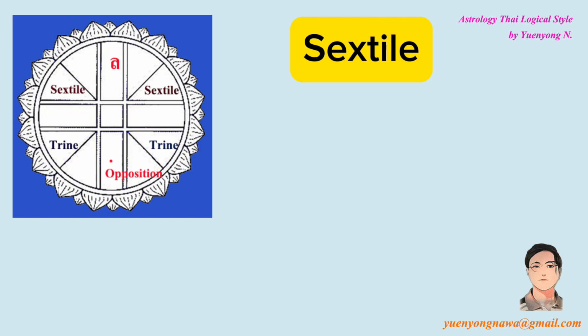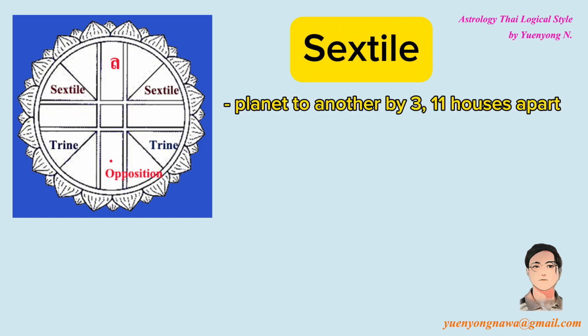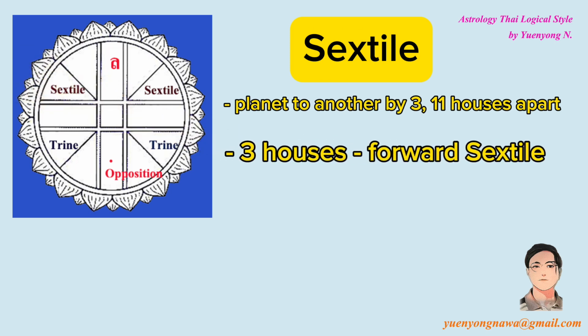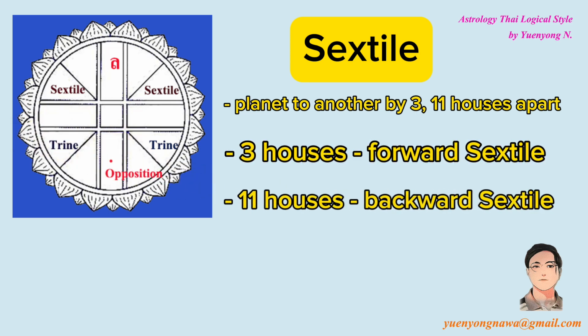Sextile. Sextile can be determined by counting from a planet to another by 11 houses apart. They are called in sextile to each other. It is called forward sextile if they are 3 houses from each other, while backward sextile is called when they are 11 houses from each other.